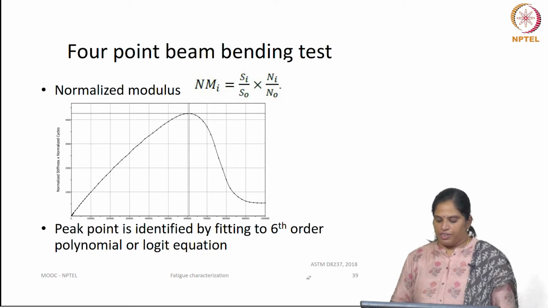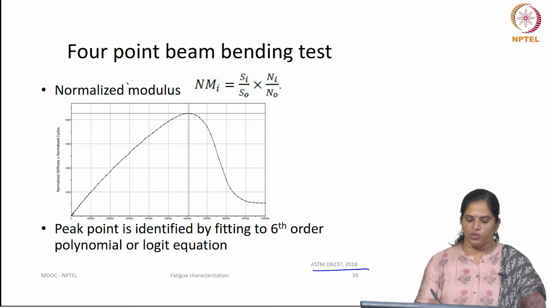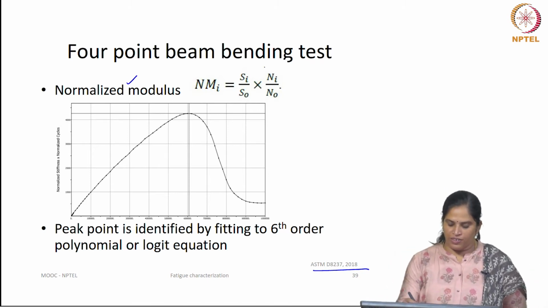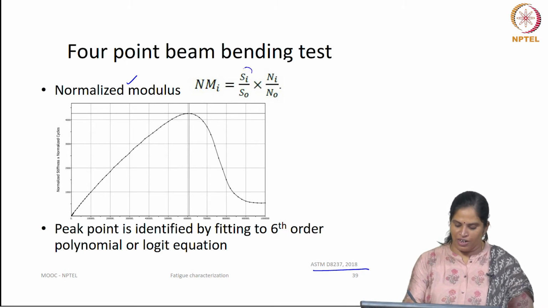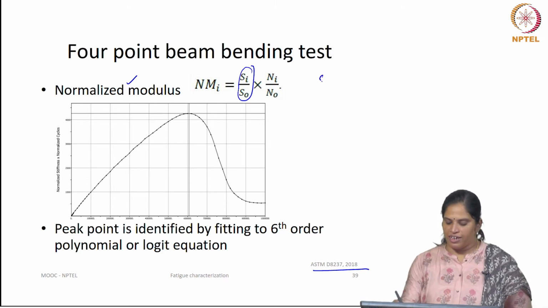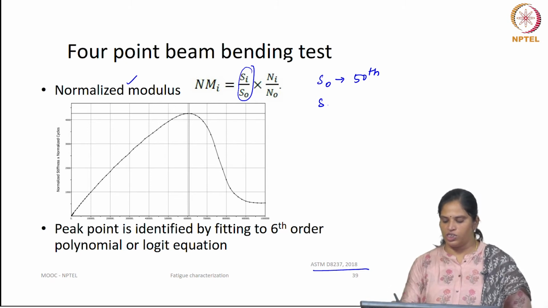And ASTM D8237 recommends a normalized modulus for calculating the fatigue life. The normalized modulus is nothing but the normalized value of stiffness modulus, where S0 is measured at the initial cycle, that is at the 50th cycle, and Si is at the ith cycle.